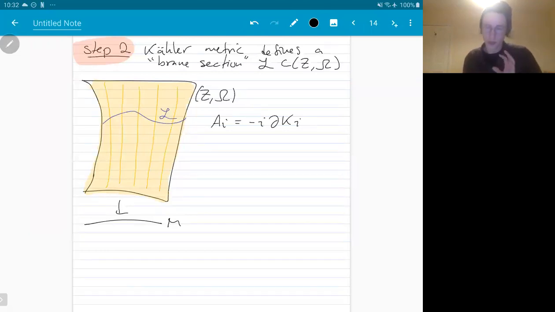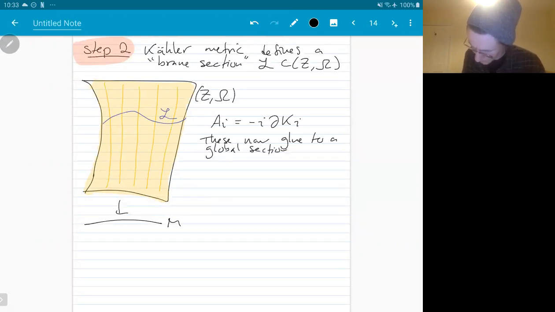So initially these are just different local sections, but on this space Z, they glue. So these now glue to a global section, which I'm going to call L of Z.